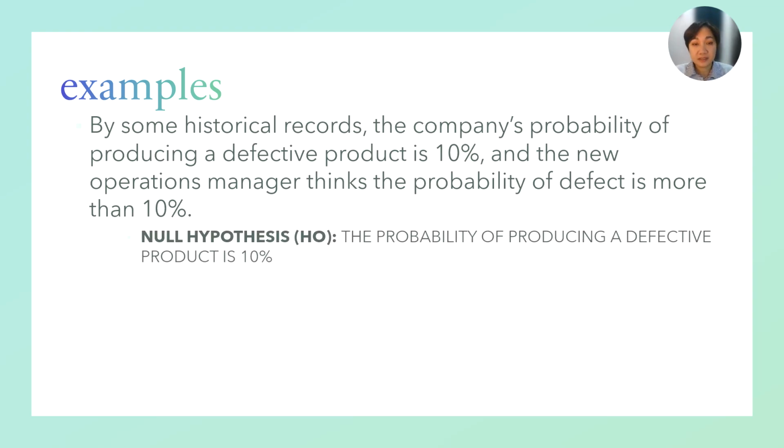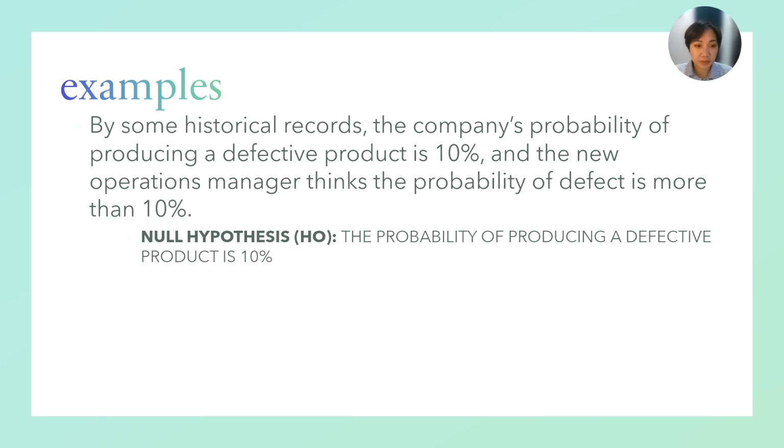Your null hypothesis in this scenario is the probability of producing a defective product. Why? Because that is your historical record. So historical record is your status quo. It already has been recorded before, so that is what we believe. But the new operations manager wants to challenge that.